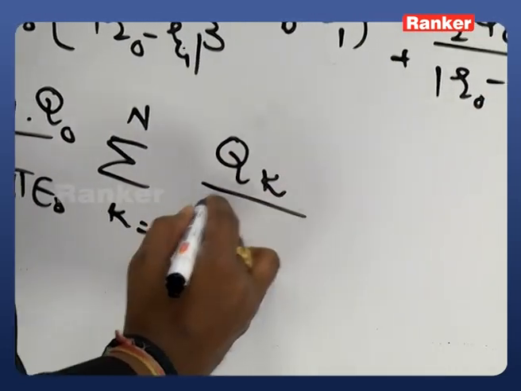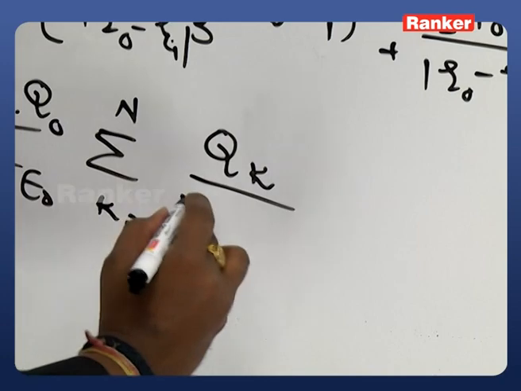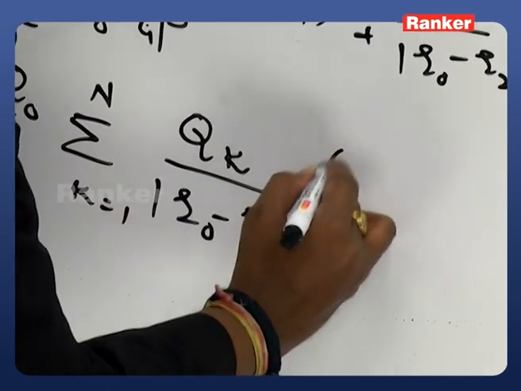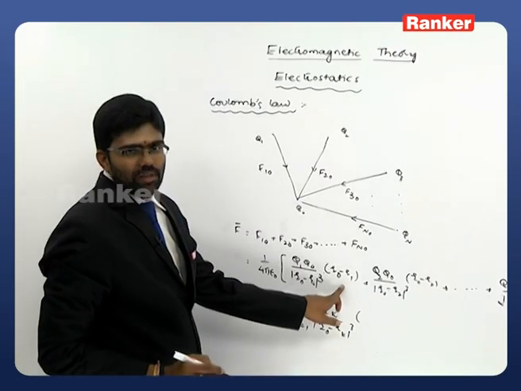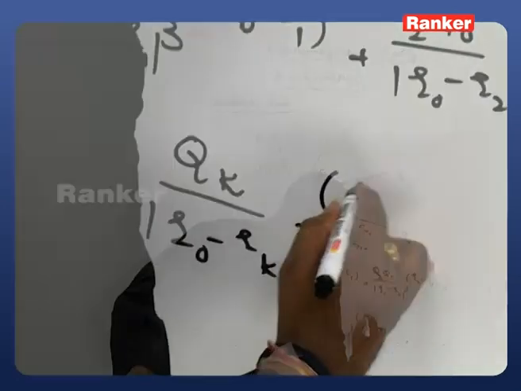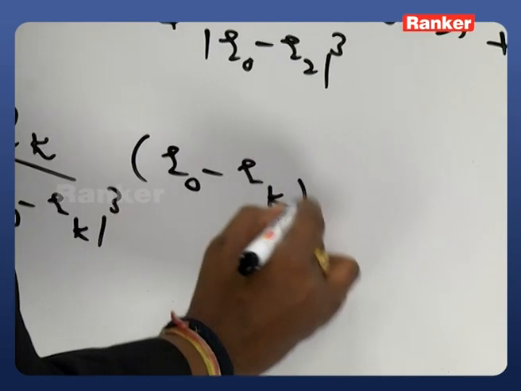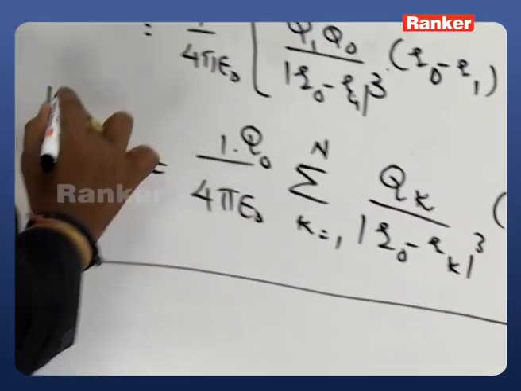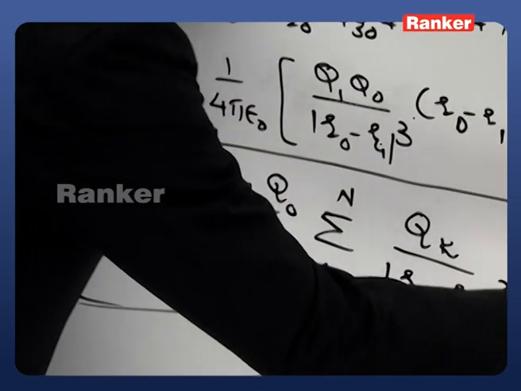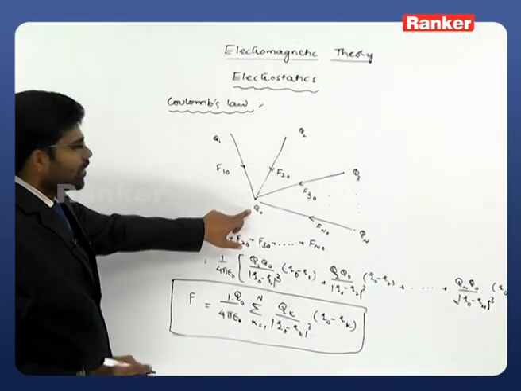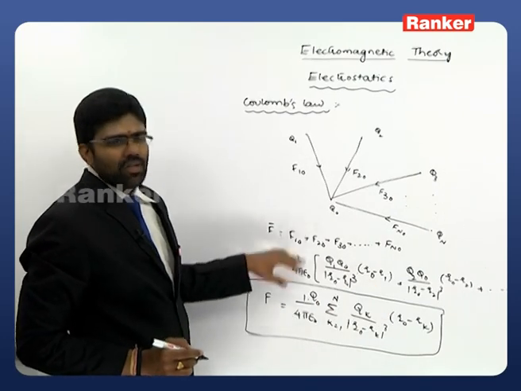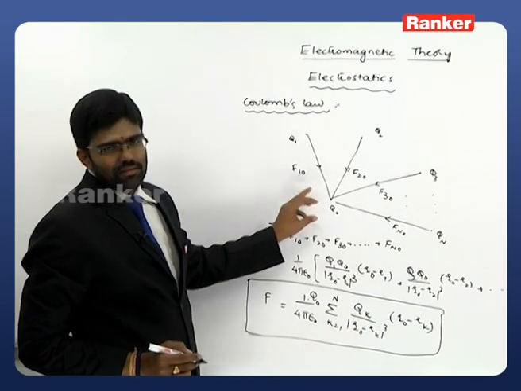Qk divided by the magnitude of all these vectors, that is (r naught minus rk) whole cube, multiplied with its distance vector, that is r naught minus rk. So this is the equation we have for the entire force which is acting on our charge q naught. This is called a simple superposition of the forces which are acting on a single charge.